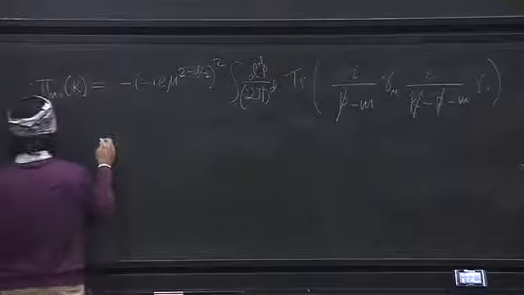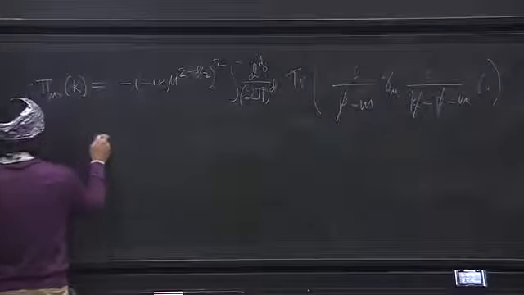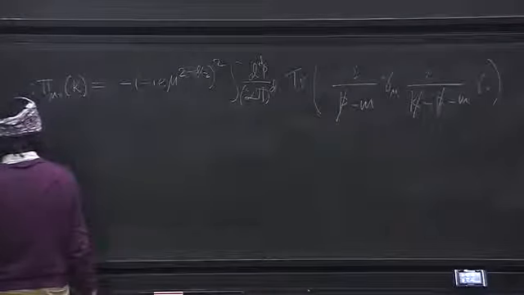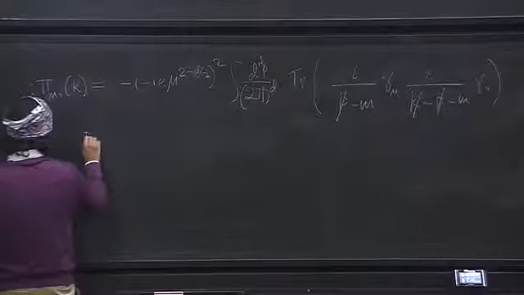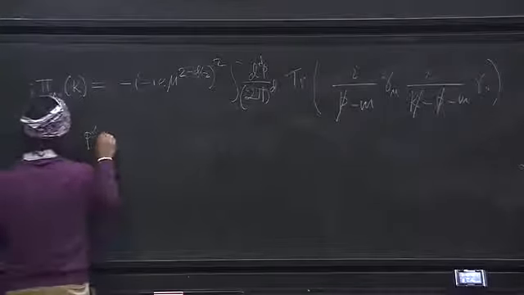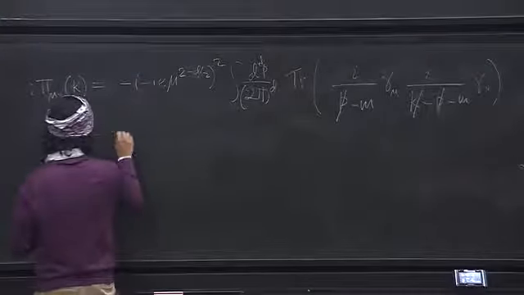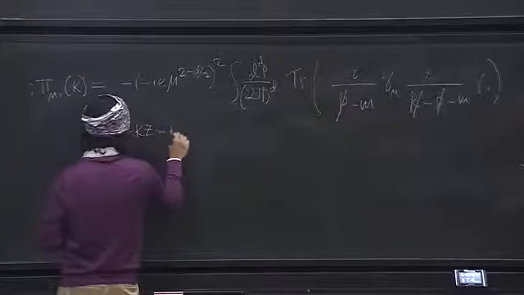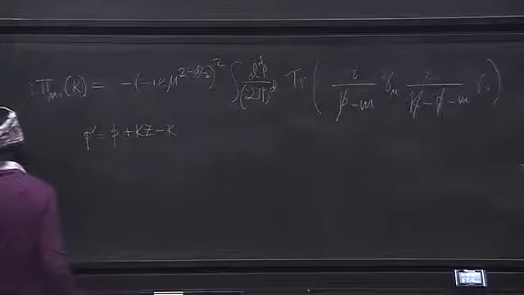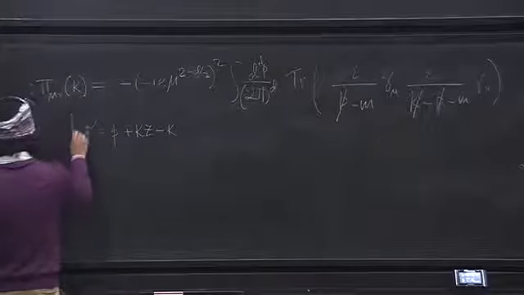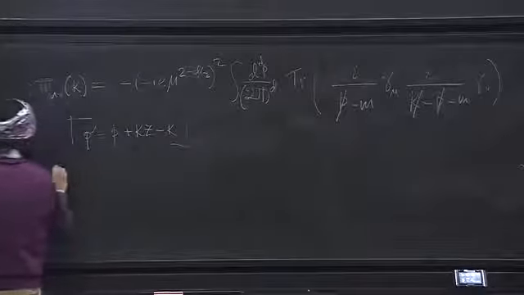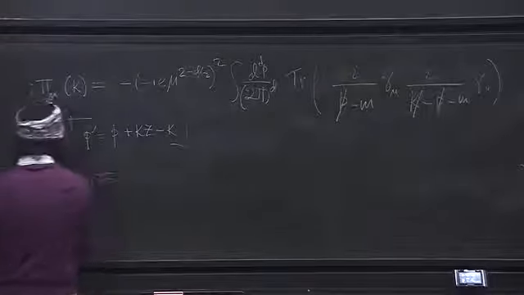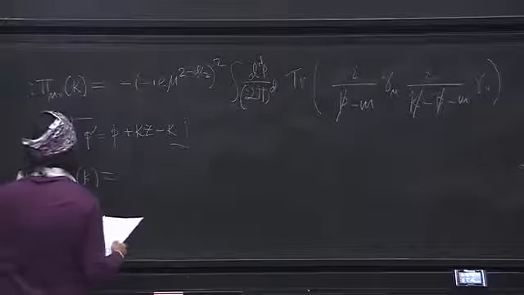Now we introduce the Schwinger-Feynman parameterization, and then I defined something called p prime, which is p plus k z minus of k. So if you do this, then Pi mu nu of k becomes, and I think I've been very careful about the factors of i's and minus 1.